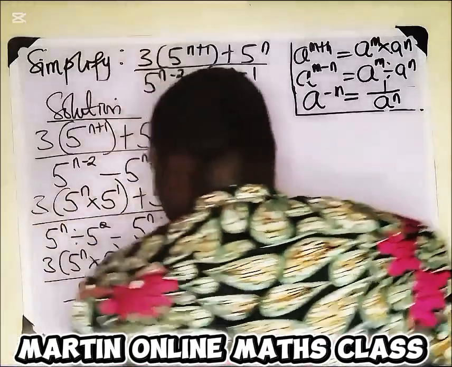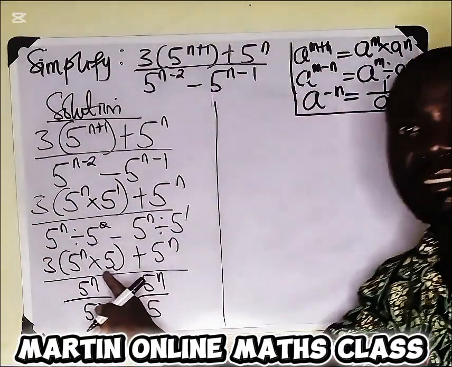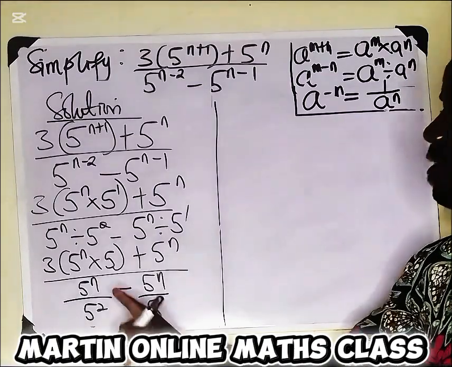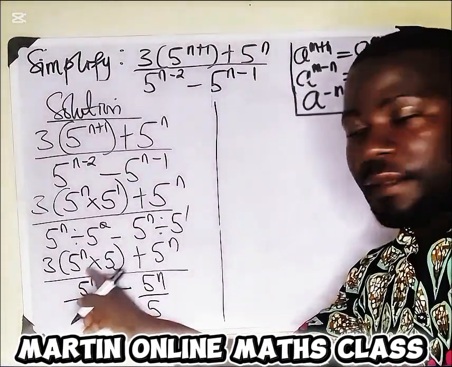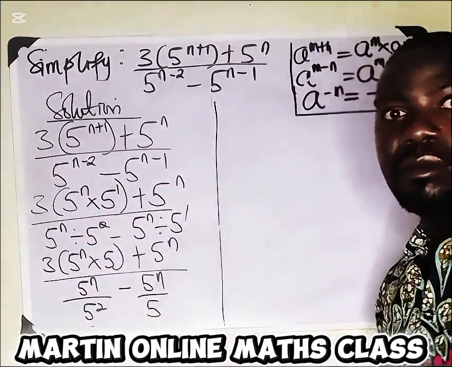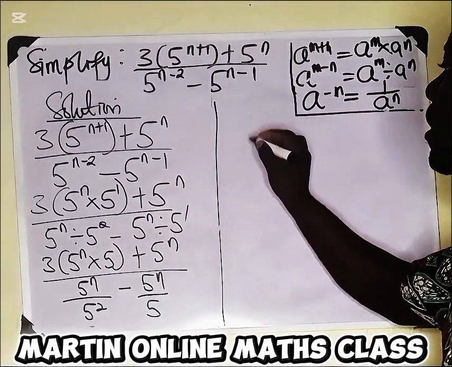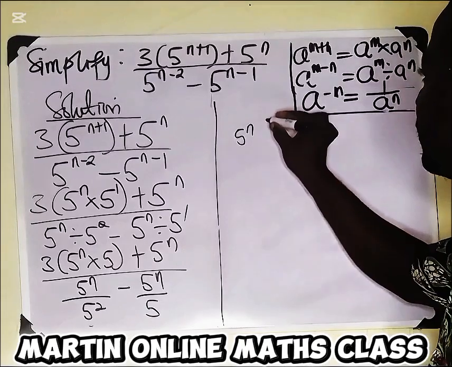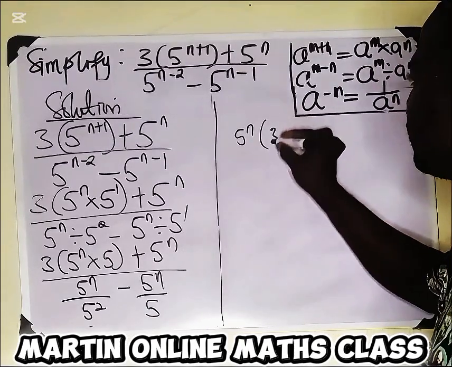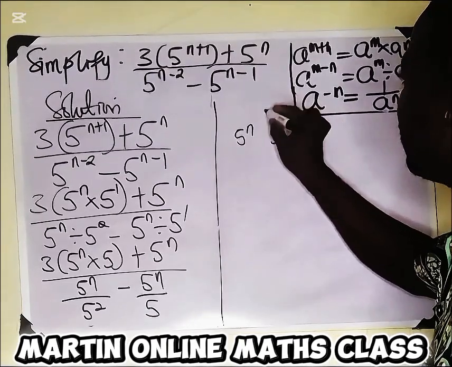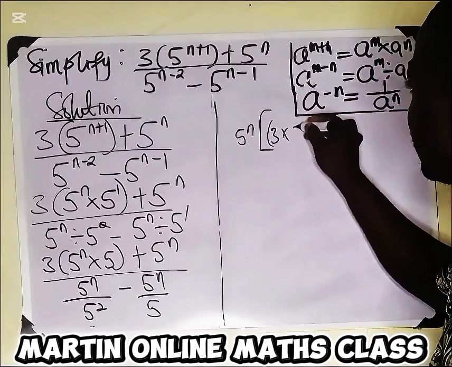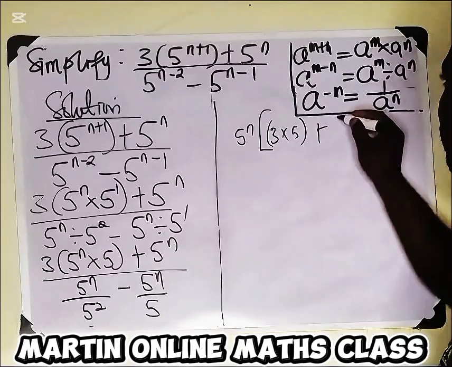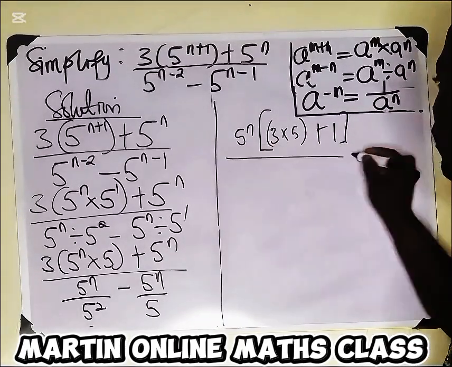Then with this now I can factorize what is in common. You can see that 5^n is common here and 5^n is common here. So we have 5^n, bracket 3 times 5 plus, if I remove 5^n here, what remains here is 1, all over.